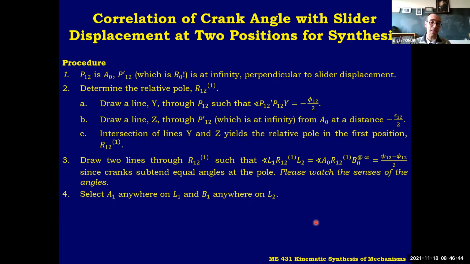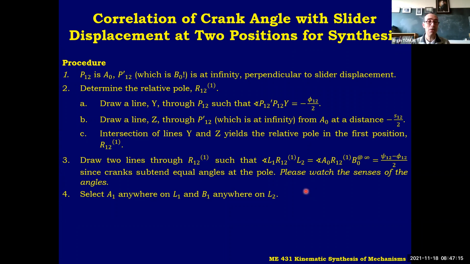However, as I keep saying always, this procedure guarantees that the mechanism exists in two positions, but you have to check still whether the two positions are in the same branch of the slider crank or they may be in opposite branches. If that's the case, it's never going to move from position number 1 to 2.